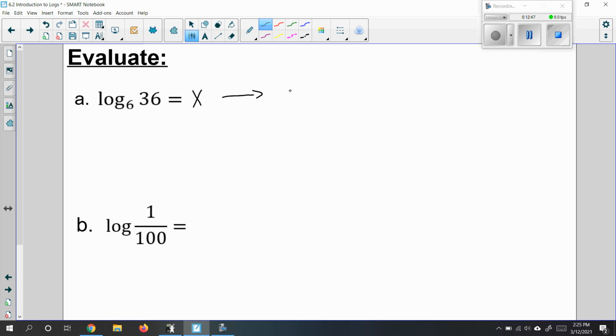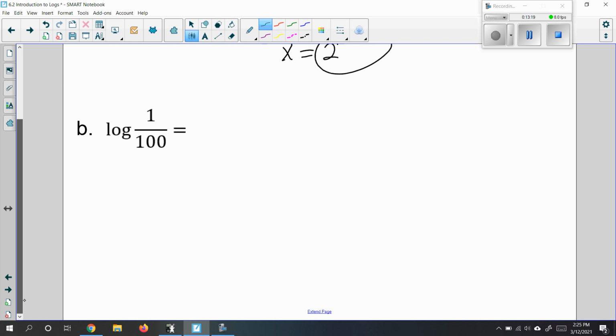The base of our log is 6, so the base of our exponent is 6. x is the exponent, and that's equal to 36. Well, 6 squared is 36, so x is 2. So log base 6 of 36 is 2.